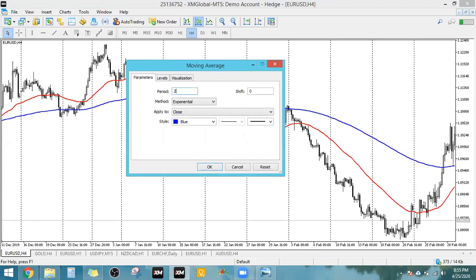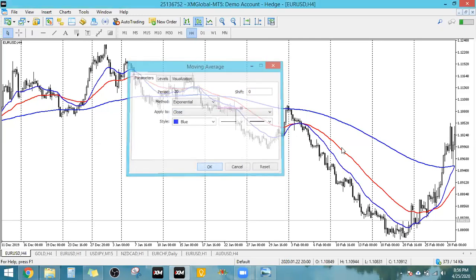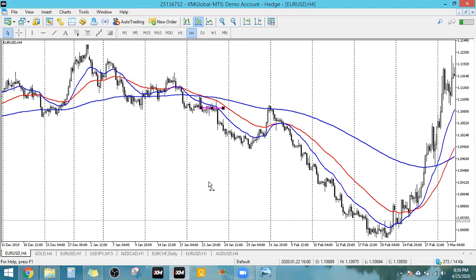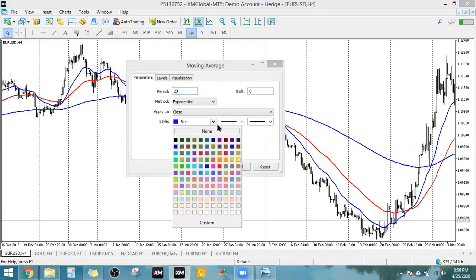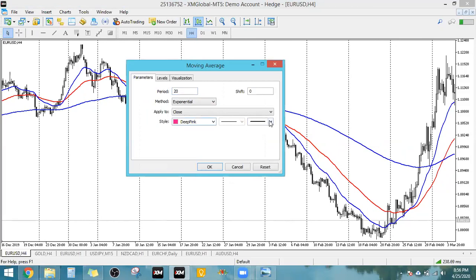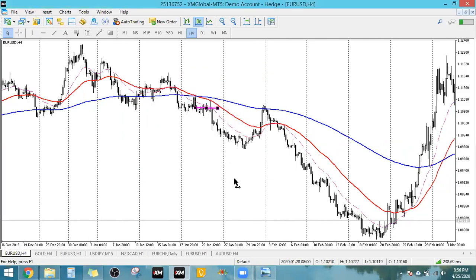So let's stick to 20 first para medyo makita muna natin difference. All right. So if you have your signal to sell already, wait lang, palitan ko yung kulay para mas makita natin. So I'm gonna color it maybe purple, no? Deep pink, yan. Tapos, ninipisan ko na yung line.